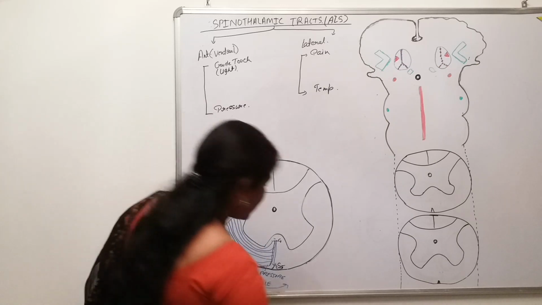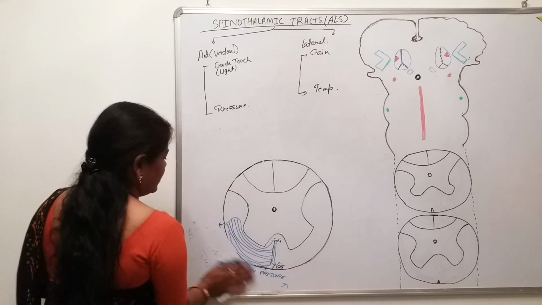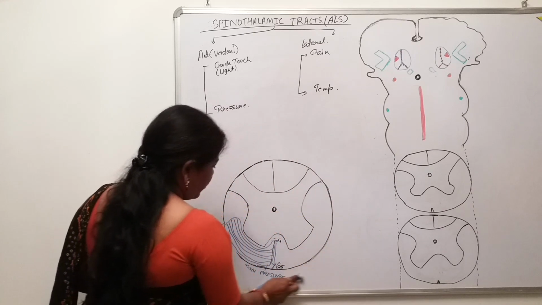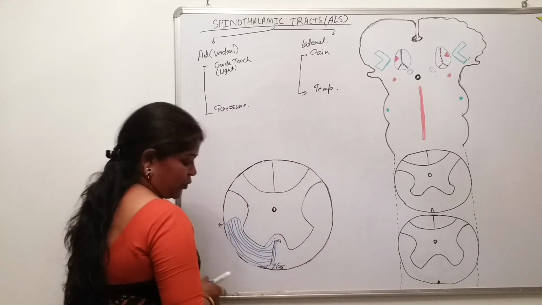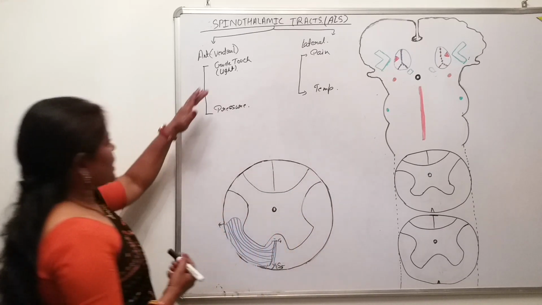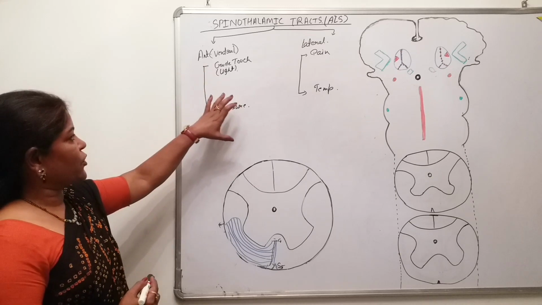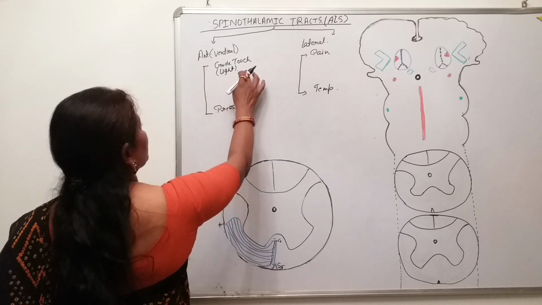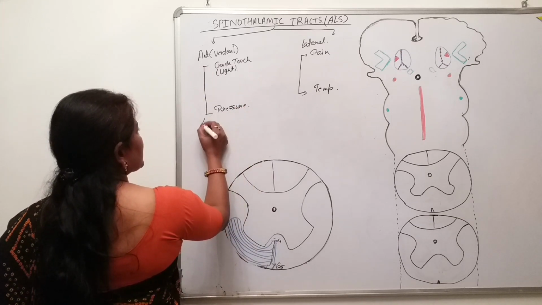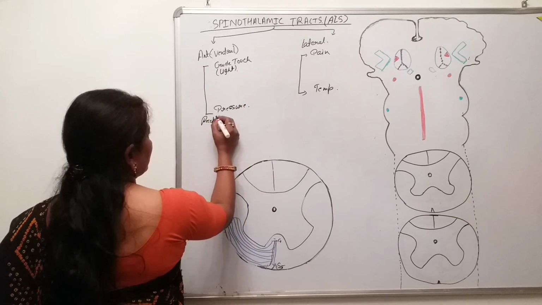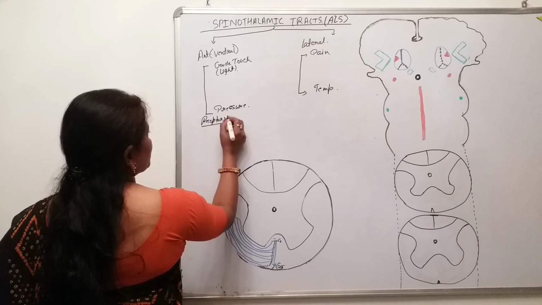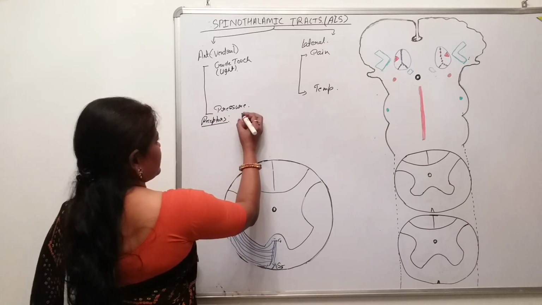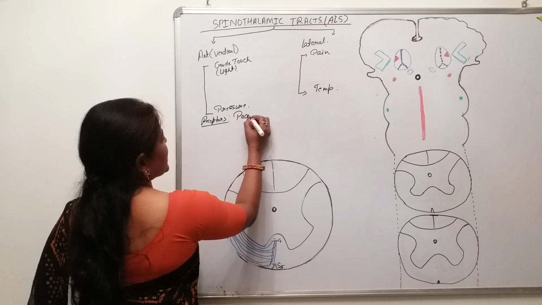Okay. Now before going into detail, we will discuss the receptors that pick up these types of sensation. What are the receptors which are present here? For the crude touch and the pressure, the receptors which pick up these sensations are the Pacinian corpuscles.